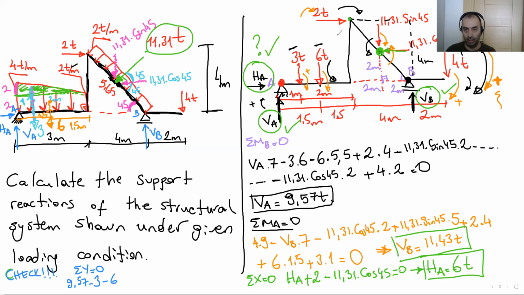Okay, here, any vertical load which goes downwards, 11 times 31. Vertical B goes up. What is the vertical B? Plus. This is the positive direction. And in negative direction, we have 4.